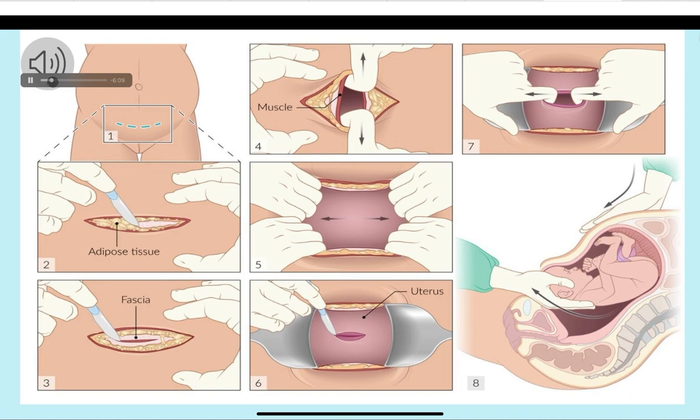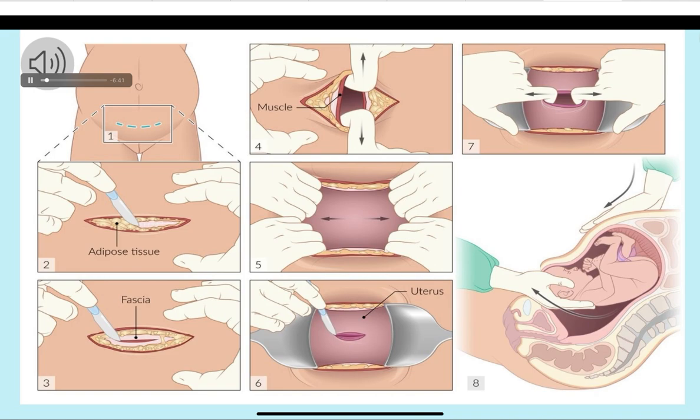So as you can see, number 1 has a nice rectangular box over the lower abdomen of a woman who, when you see her belly is inflated, so she is pregnant and preparing to undergo a C-section.